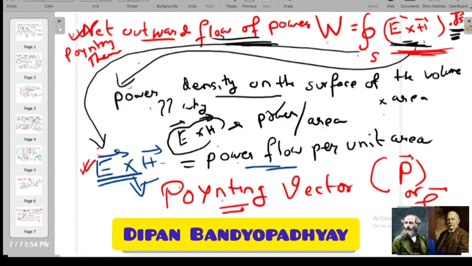And remember one thing, this Poynting theorem is valid only for a closed surface. That is why I am giving the circle sign, to represent that we are dealing with a closed surface. It is not a point relationship.